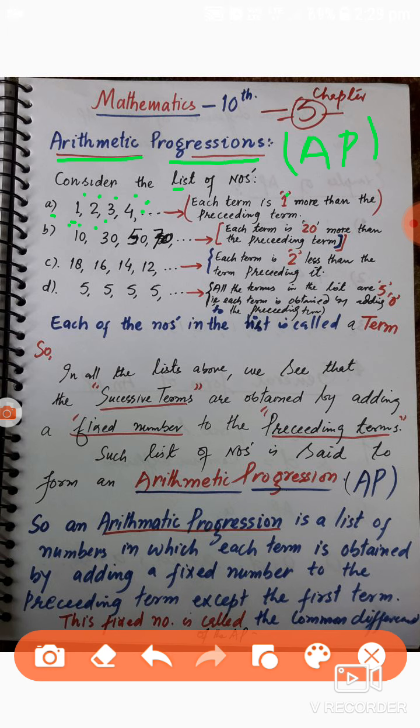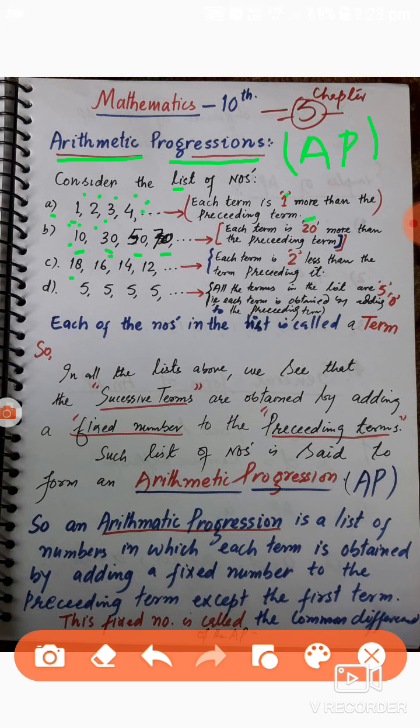In the second list we see that the terms are 10, 30, 50, 70 and so on. So we see here that 30 can be obtained by adding 20 to the first term, that is 10. Similarly, 50 can be obtained by adding 20 to the second term and so on. So every succeeding term can be obtained by adding a fixed number, that is 20, to the preceding term.